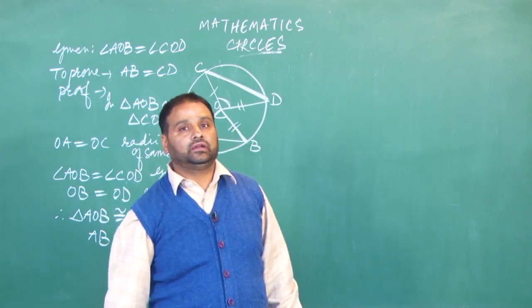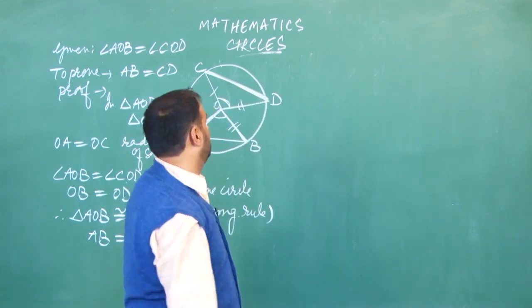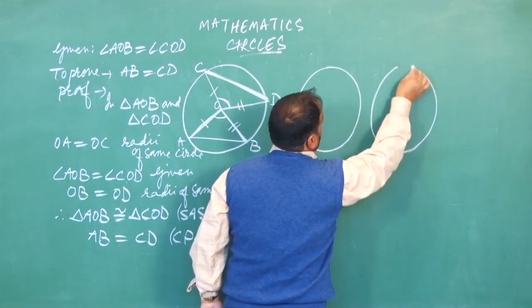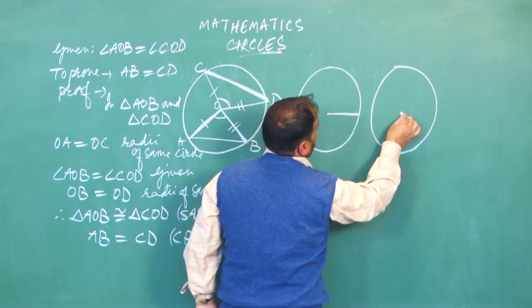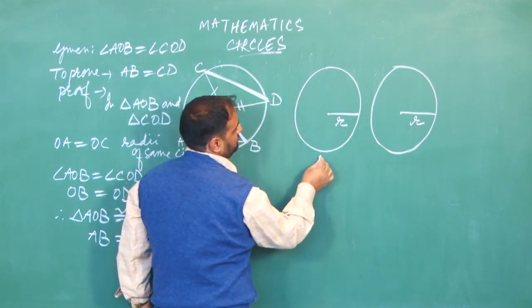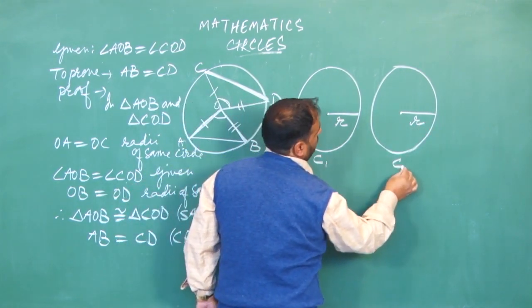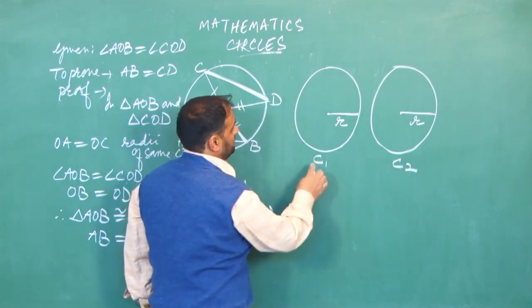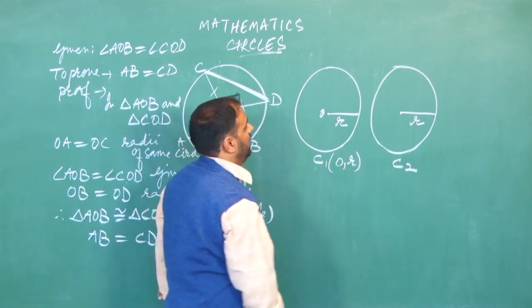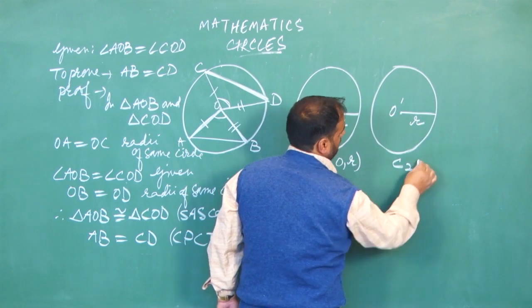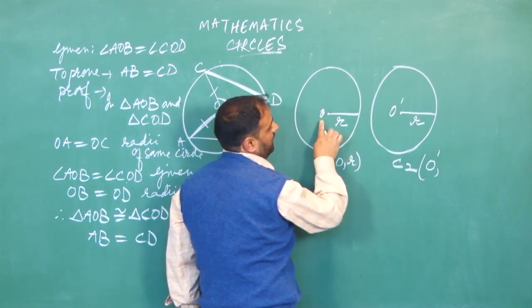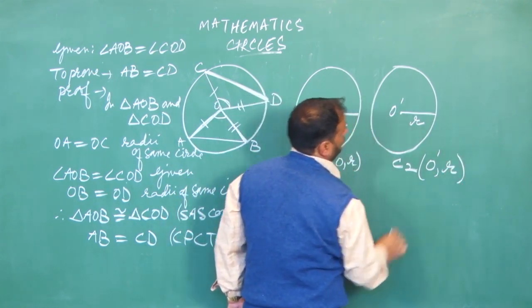Sometimes we get a term like congruent circles. Congruent circles are nothing but two or more circles having the same radii, equal radius, and we can denote it by R. If you have two circles and we are given that both circles are congruent, you can write it as: this is circle C1 with center O and radius R, and this is circle C2 with center O dash, a different center, but the radius remains the same in both cases.